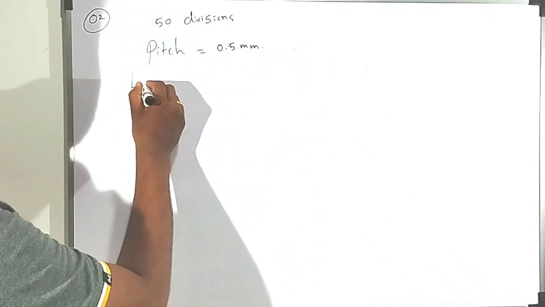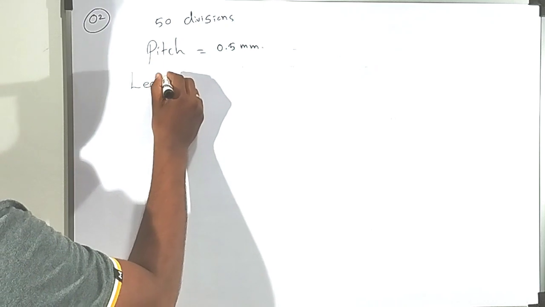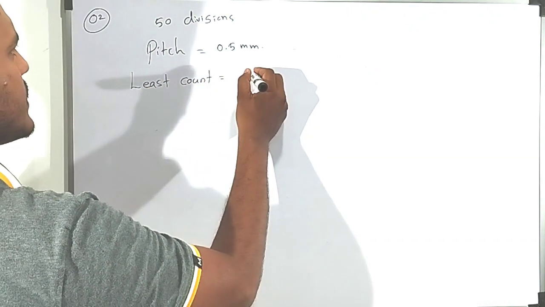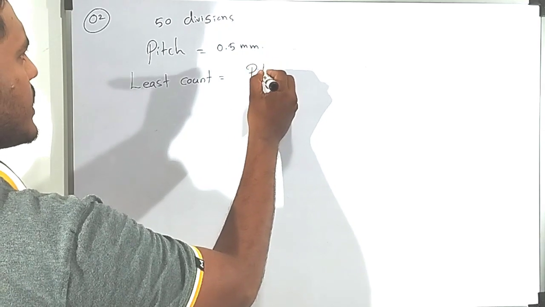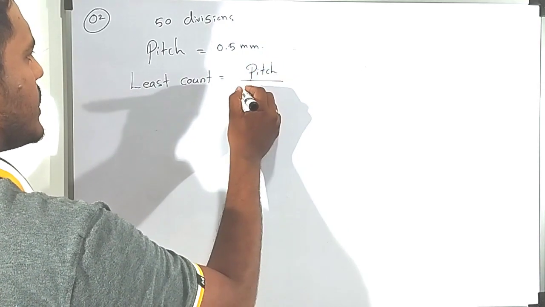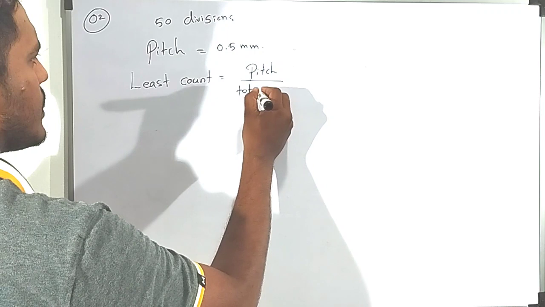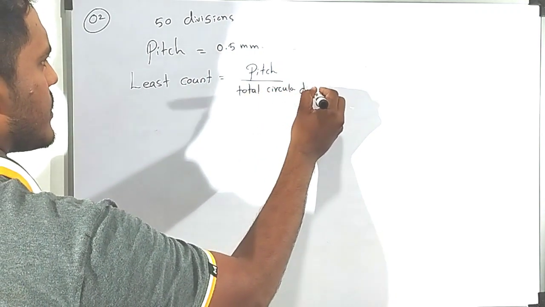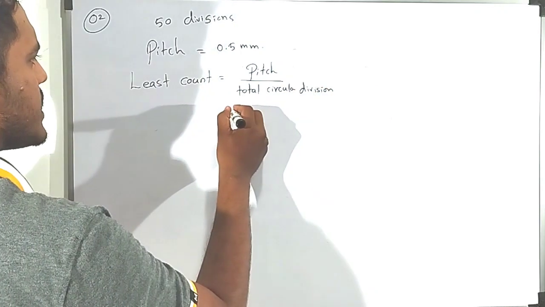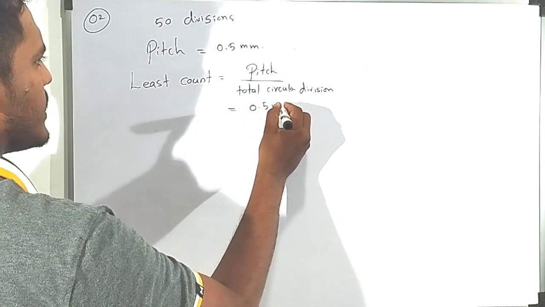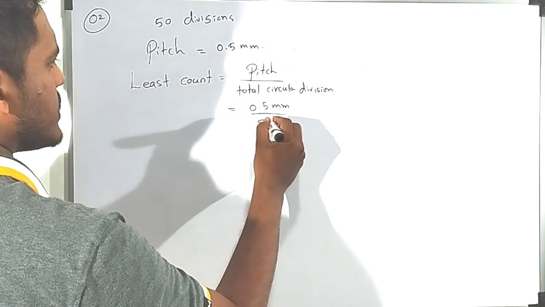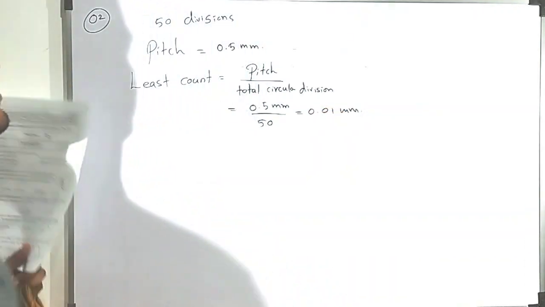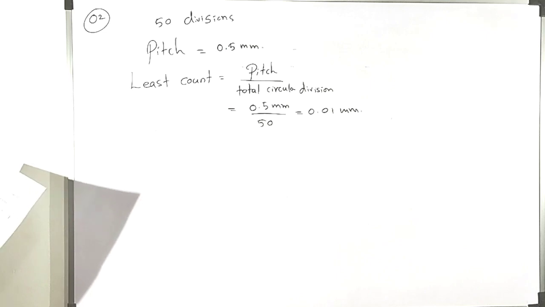Then the least count equals pitch divided by total circular divisions. Pitch is 0.5 millimeters, divided by 50, equals 0.01 millimeters.